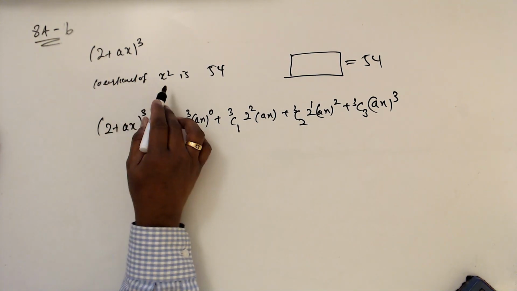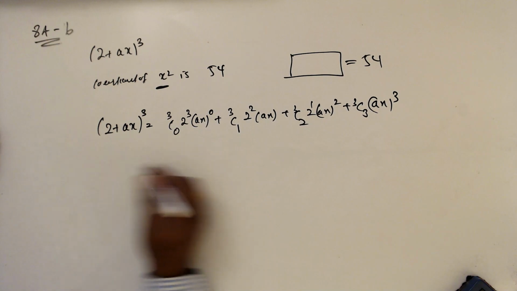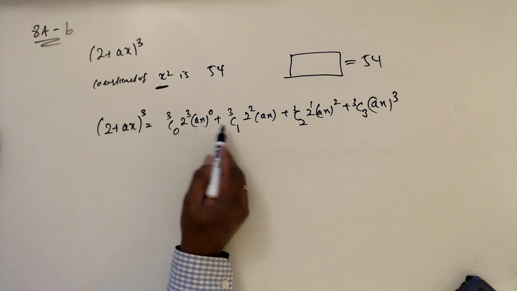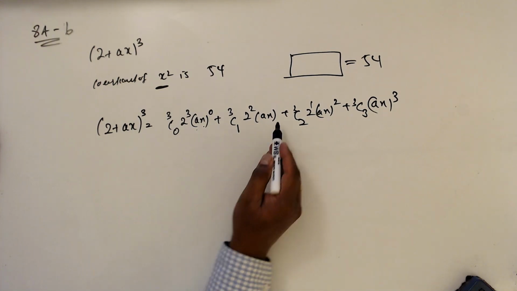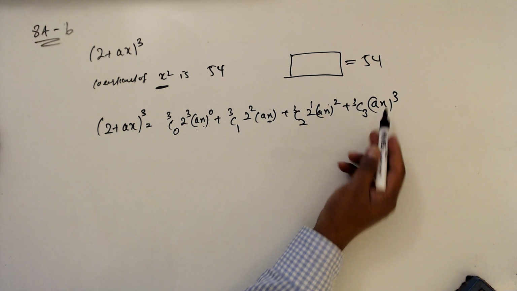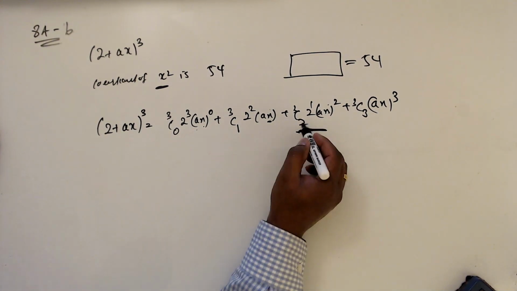Now whereas the x square term, I can see that there is no x here, x0 becomes 1. This is only 1x. This is x square and this is x cube. So this is the term we need, the coefficient of this term.